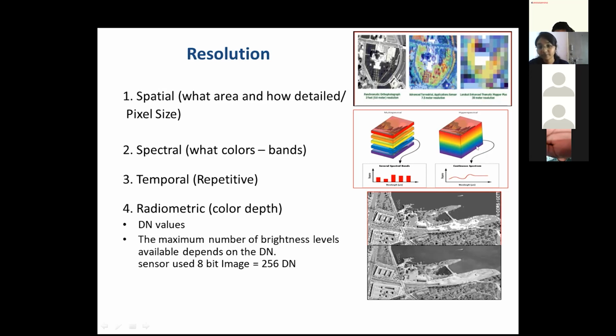In the third image, the upper one shows little variation, but the second image shows quite a clear picture, because it shows higher values. It has more digital numbers, more brightness levels, so that it can show this many brightness levels.